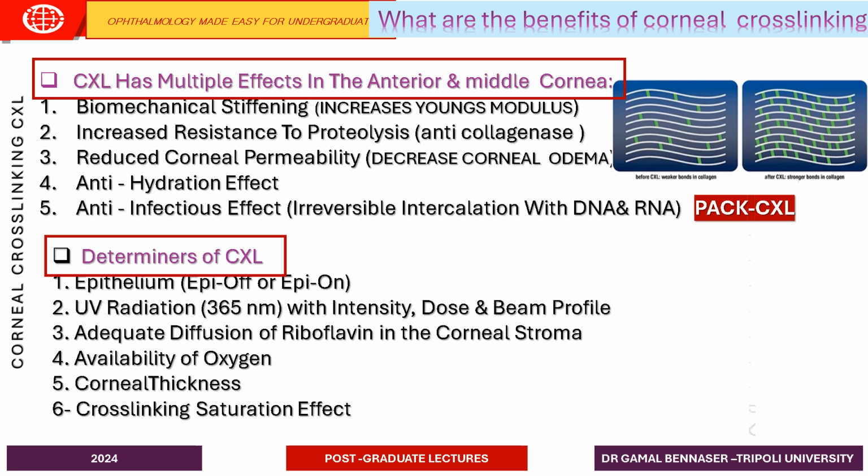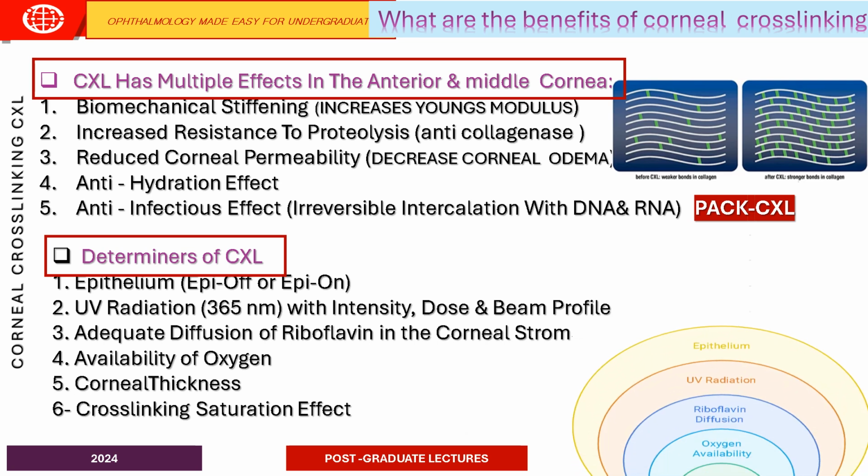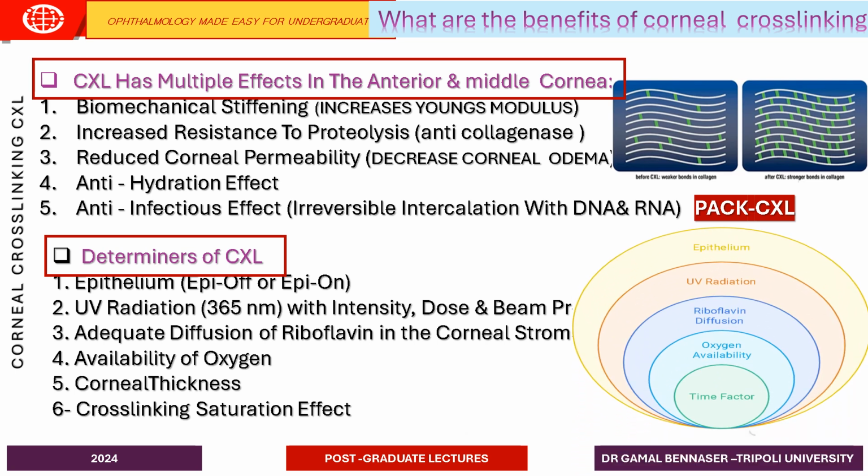Also, we will speak about the applications of riboflavin and the different ways to improve the permeability of the cornea for riboflavin, and also the availability of oxygen and the supplement of oxygen during these procedures. Also, we'll speak about the corneal thickness as an important factor in successful cross-linking techniques, and also what's known as the cross-linking saturation effect that determines the benefit or the efficacy of the cross-linking.